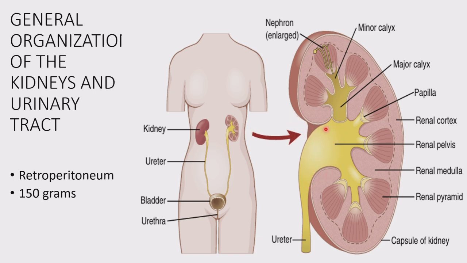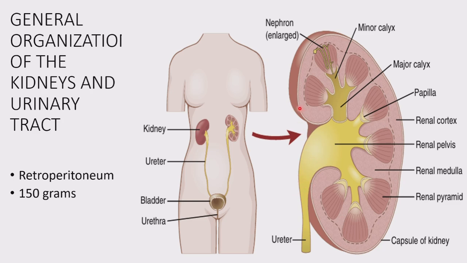The renal sinus refers to the space that contains the renal pelvis, renal calyces, blood vessels, nerves, and fats, while the renal hilum is the indented area on the medial side of each kidney. Think of it as the entrance to the renal sinus.